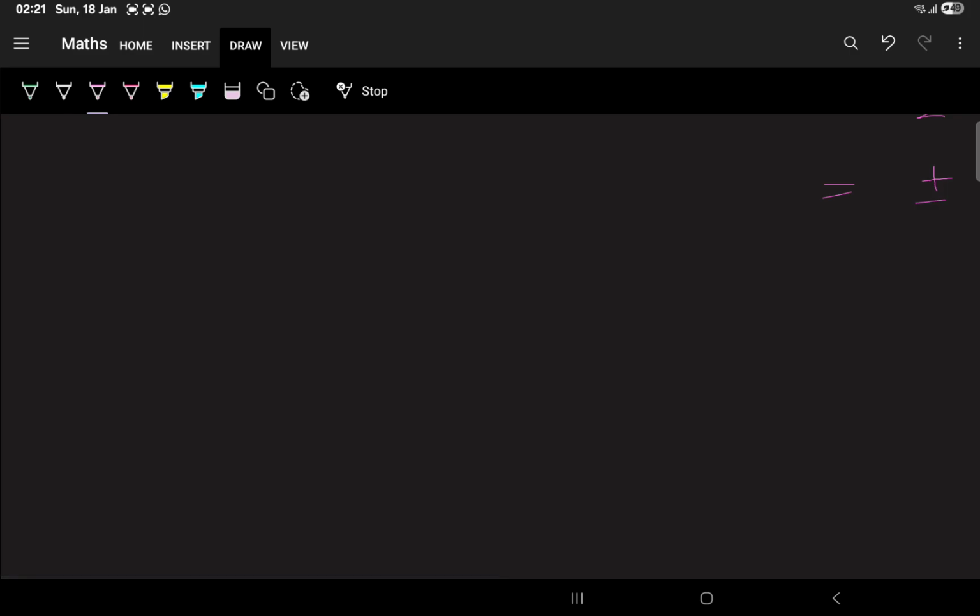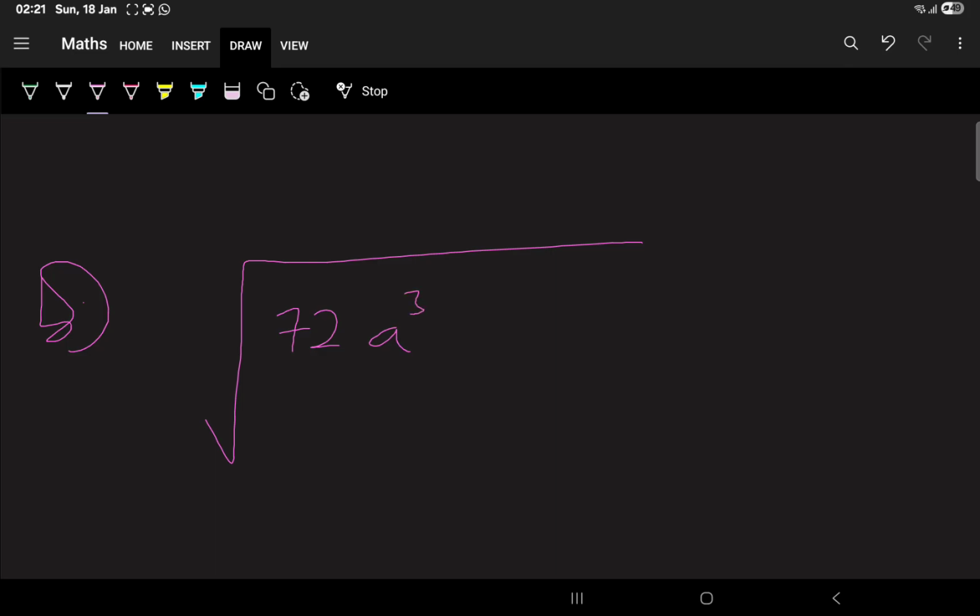Now we move on to our second example, B, and this is given as square root of 72 a to the 3rd power b to the index of -2 divided by 2a to the index of 5 b to the index of -6.